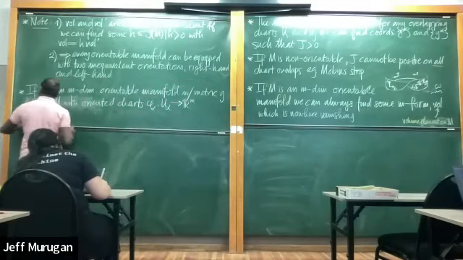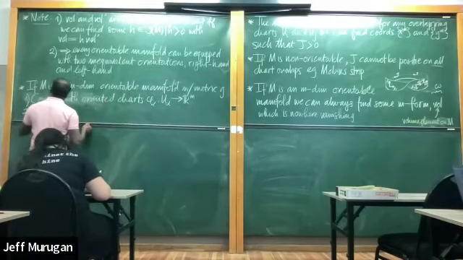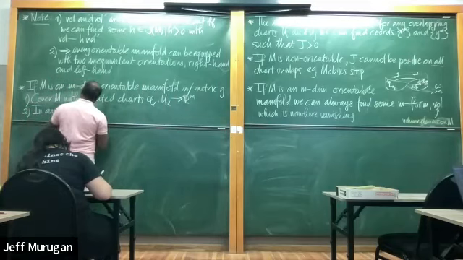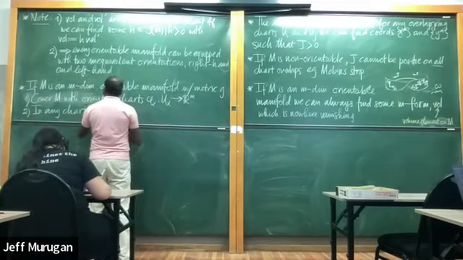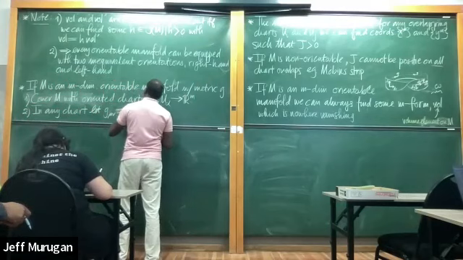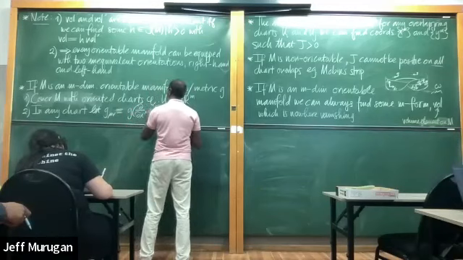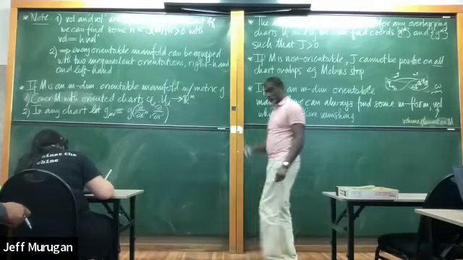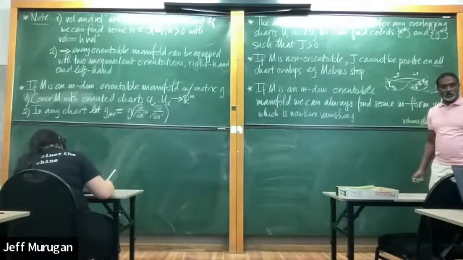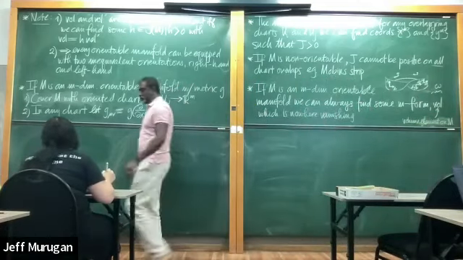Two, in any chart, we let g_mu nu be g acting on d by dx mu, d by dx nu. Let's fix the components of the metric and the coordinates x mu in the chart.